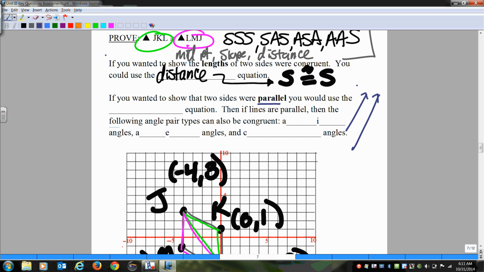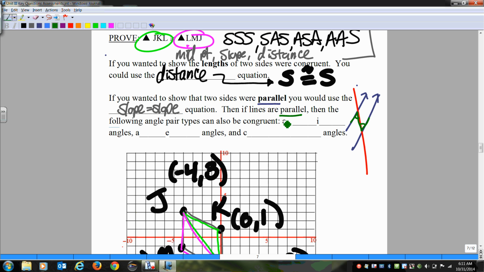Parallel sides. Let's make a stir stick. Using the slope equation, remember, slope equals slope. The lines are parallel. And if they're parallel, you get all kinds of congruent angles. If lines are parallel, we know that alternate interior angles are equal.